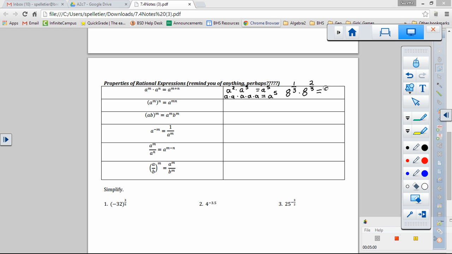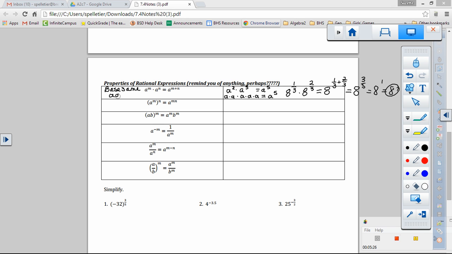That means I'm going to do 8 to the 1/3 plus 2/3, so that is 8 to the 3/3. And 3 divided by 3 is 1. So 8 to the first power, or 8, is my answer. We're going to be applying this add-the-exponents rule when the bases are the same.